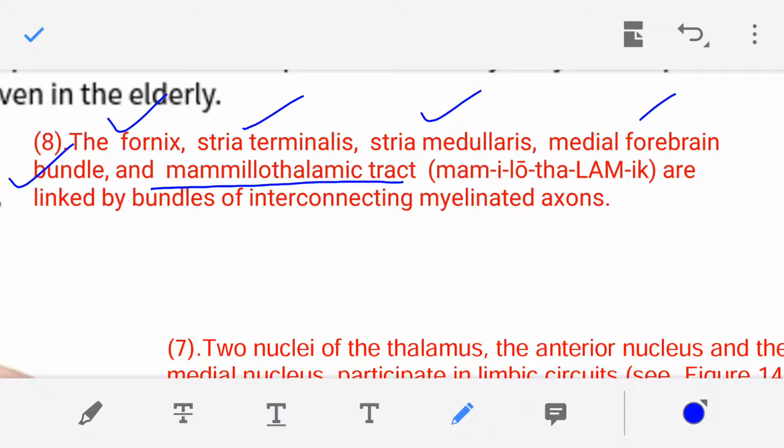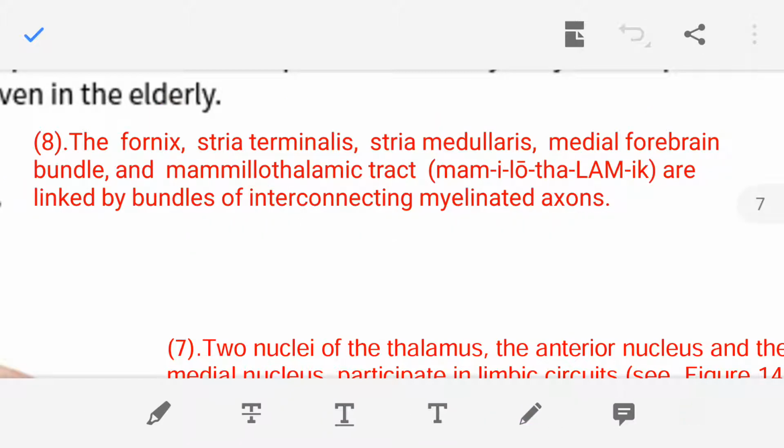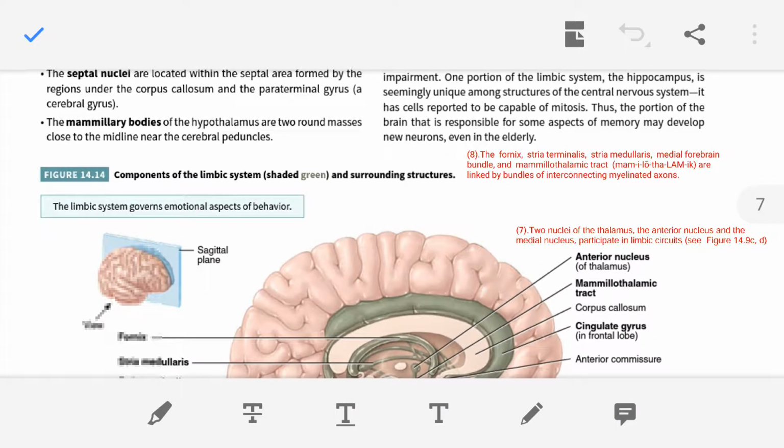All these structures of the limbic system are interconnected by bundles of myelinated axons.